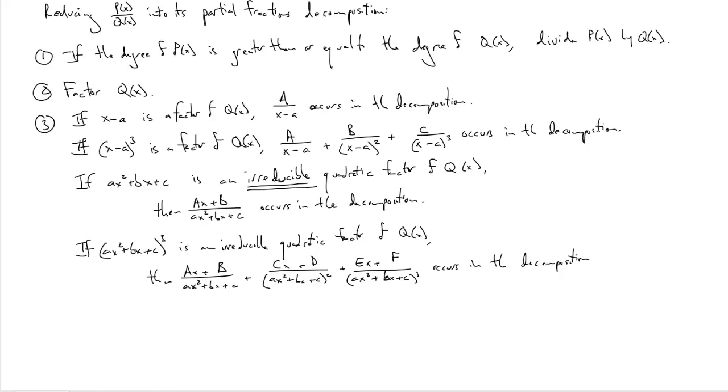Because if there's an ax squared plus bx plus c all cubed in the denominator, if that was the common denominator of the combination of some fractions that you were adding together, well, what could they have been? They could have been some linear term like ax plus b over ax squared plus bx plus c, and then another cx plus d over ax squared plus bx plus c all squared, and then finally some linear term over the same thing cubed.